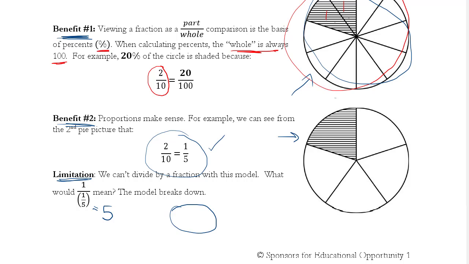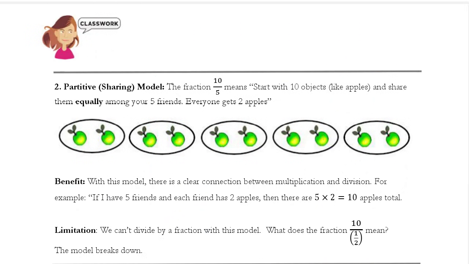Okay, let's keep going. So our next common model is called the partitive, or we can also call it the sharing model, and this is interpreting fractions, rational numbers, as sharing, right? So for example, if I want to interpret what is 10 divided by 5, or 10 over 5, what does this fraction mean, right? One way to interpret it is I start with 10 apples, there they are, and I want to share them, right?